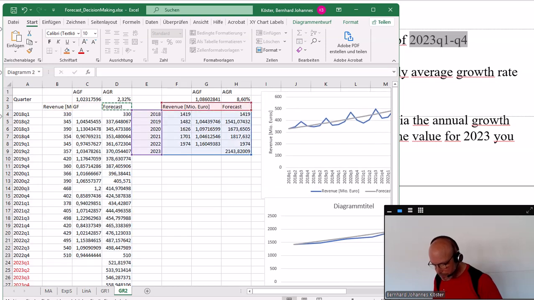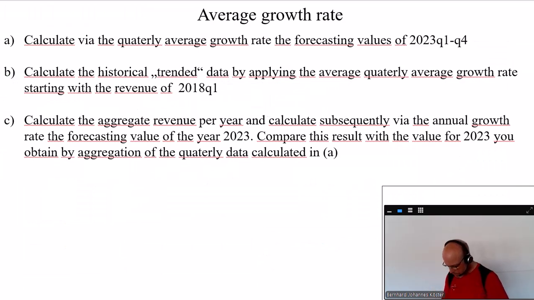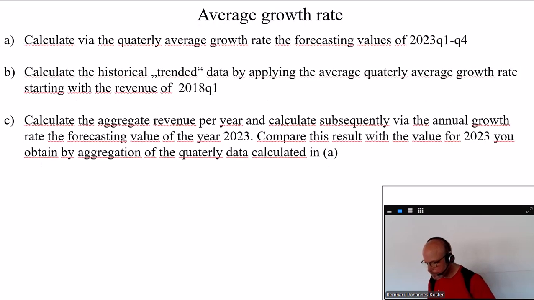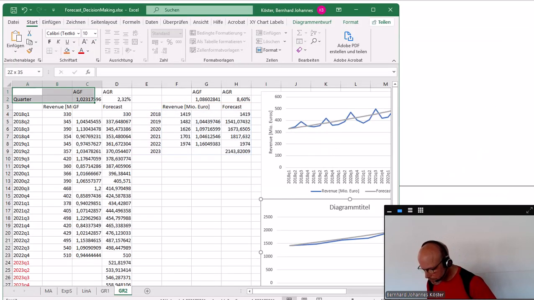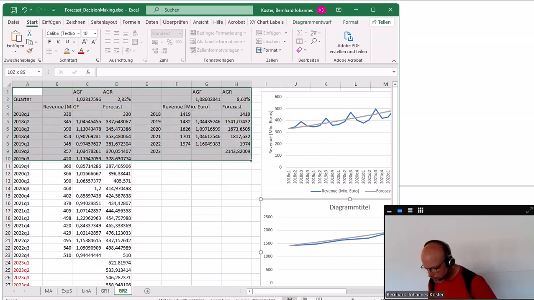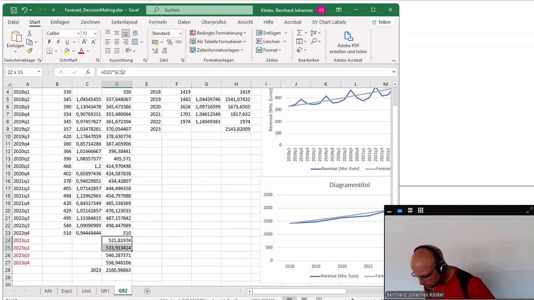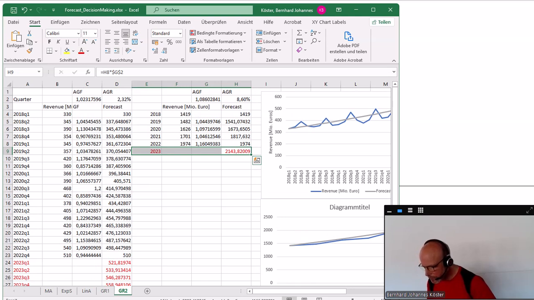Yeah, that you have all this on one slide, we will put it here. And maybe this is also all in red, and this also in red, so that you remember that this is a forecast.